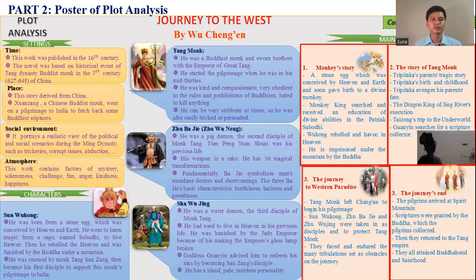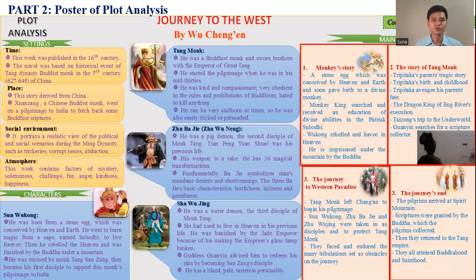Now let's talk about the third major character. It is Zhu Bajie, or Zhu Wuneng. He was a pig demon and also the second disciple of Monk Tang.